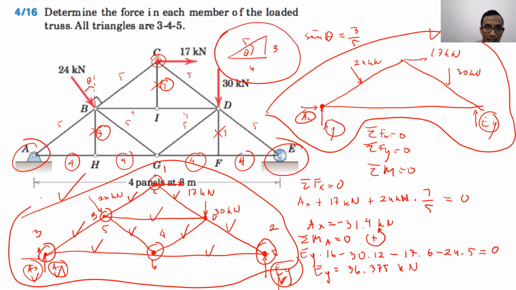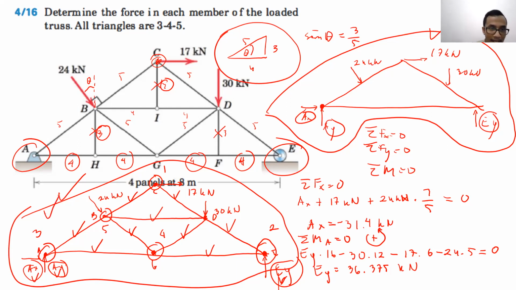Because at the beginning, maybe some of the joints have more than 2 unknowns, but once you solve the other joints, those joints that at the beginning had more than 2 unknowns may now have only 2 unknowns. So you can list out your strategy like this.